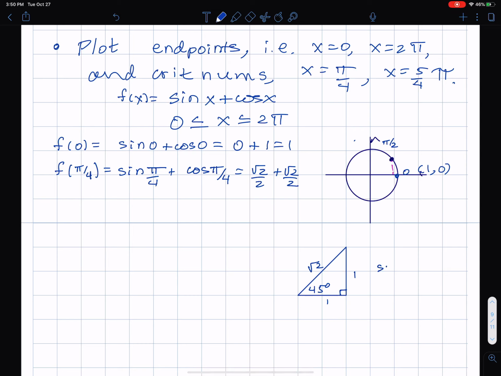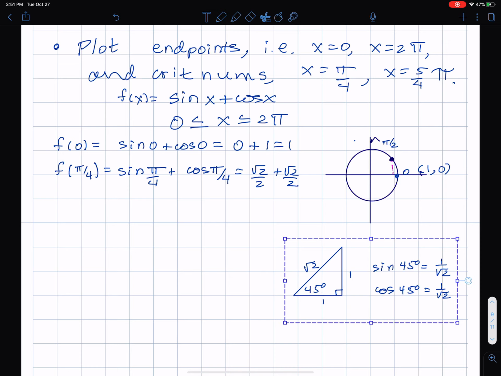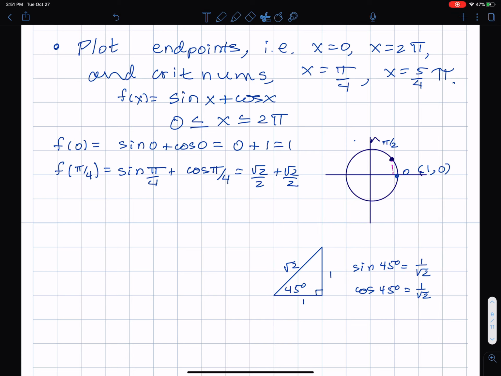And so sine of 45 degrees is opposite over hypotenuse, that's 1 over rad 2. Cosine of 45 degrees is also 1 over rad 2, and both of those, when you rationalize the denominator, will give us rad 2 over 2.